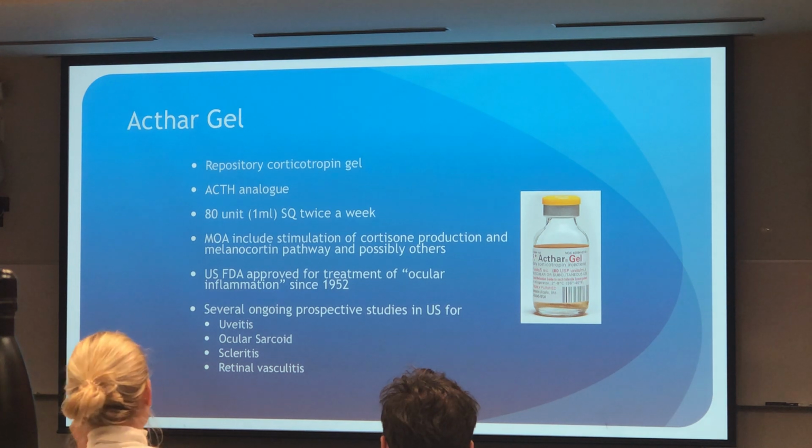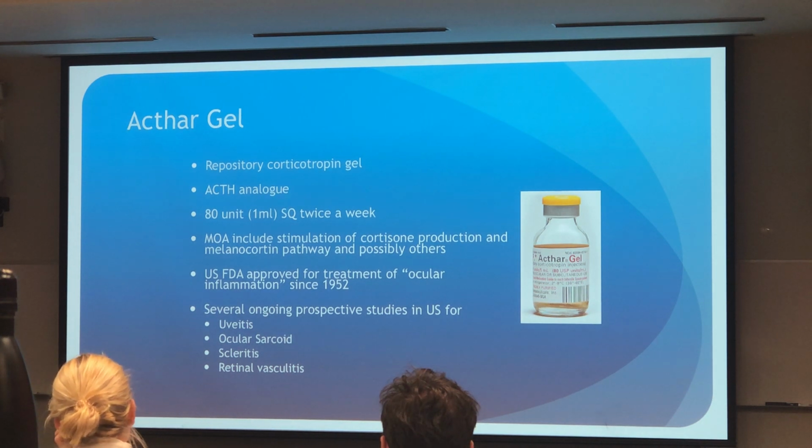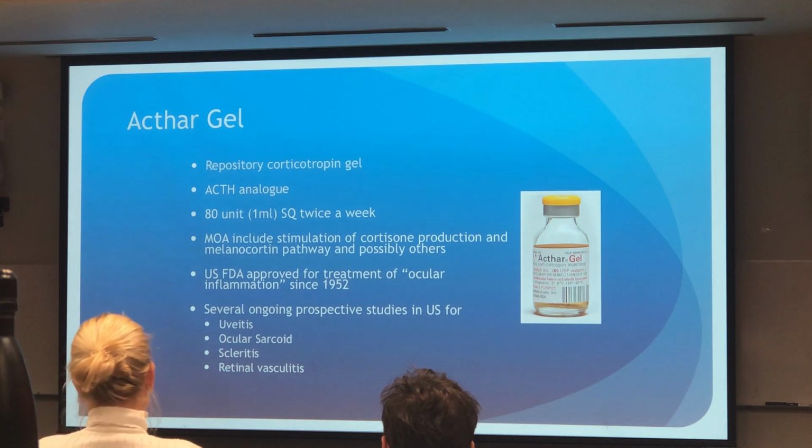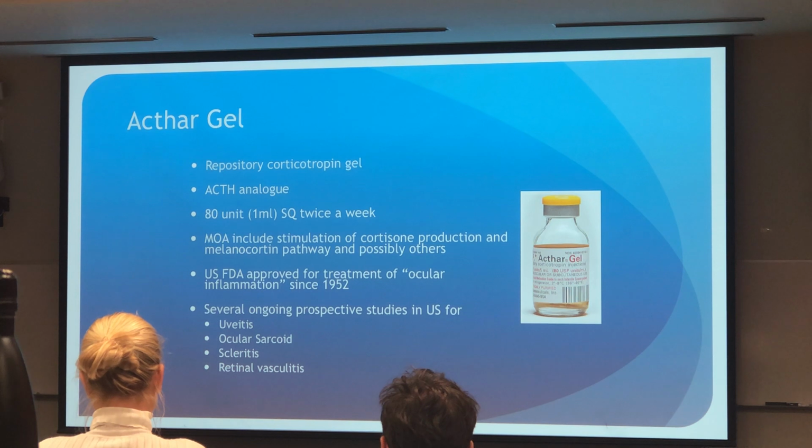The mechanism of how it actually helps reduce inflammation in uveitis is actually not known. There may be an alternative pathway besides the corticosteroid-inducing pathway, such as a melanocortin receptor pathway, but those are things we're discussing and studying now to understand further why this medication helps.